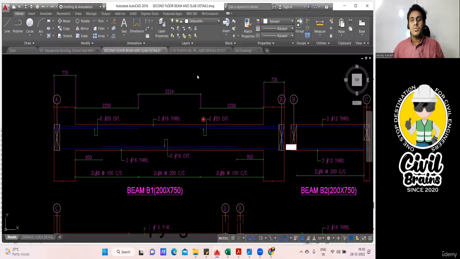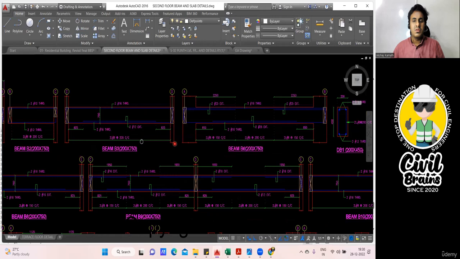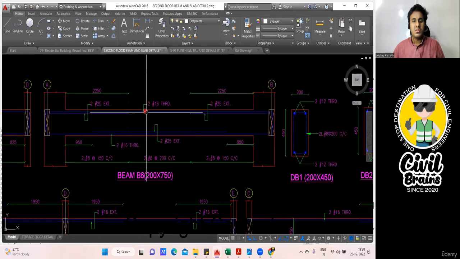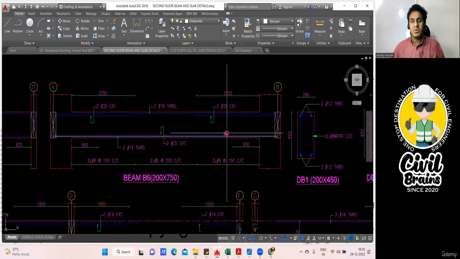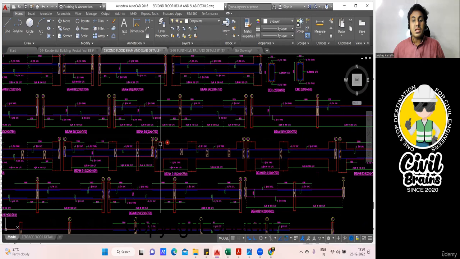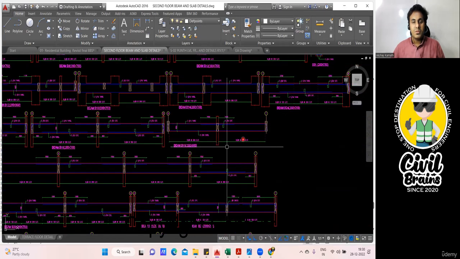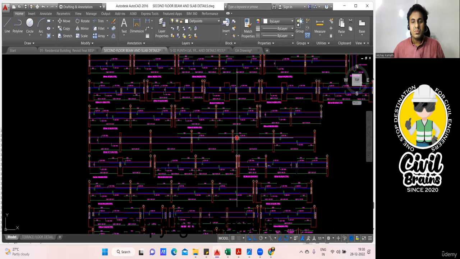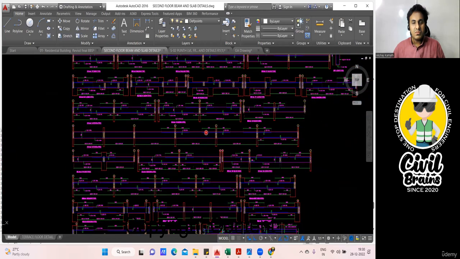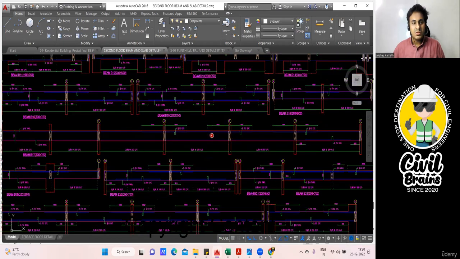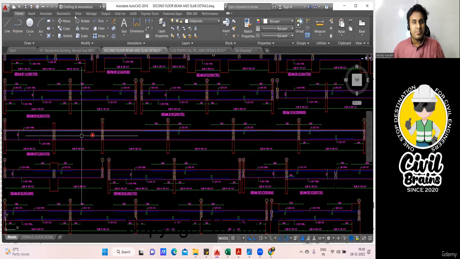So in this way, all this drawing is given. You can do the BBS of this. Again, same thing. Here also that bottom curtailment will come. Now all these are continuous beams. Look at this beam. This particular beam is a continuous beam.